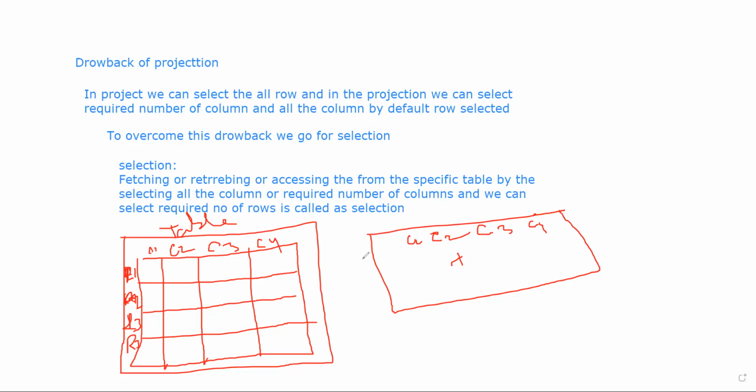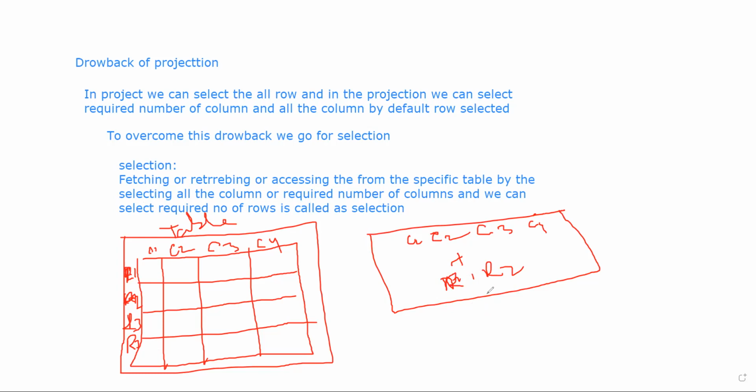If I want to select only two rows, R1 and R2, we can select the required number of rows.